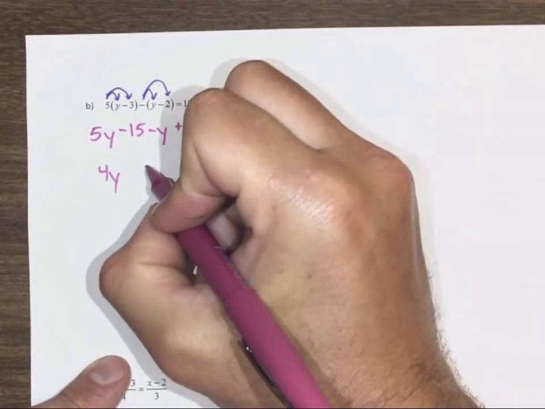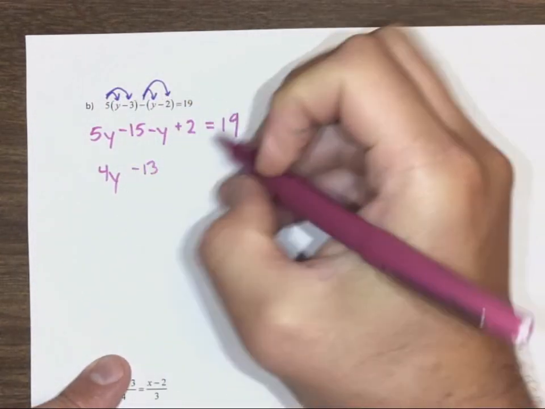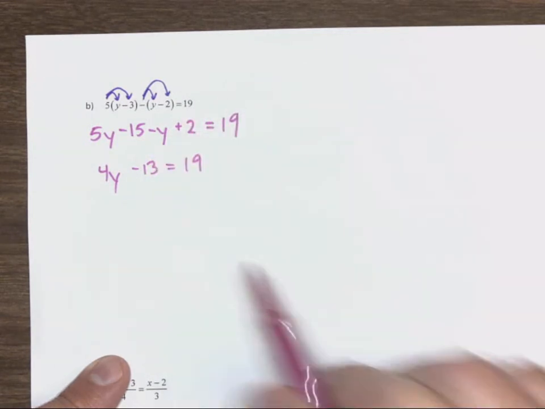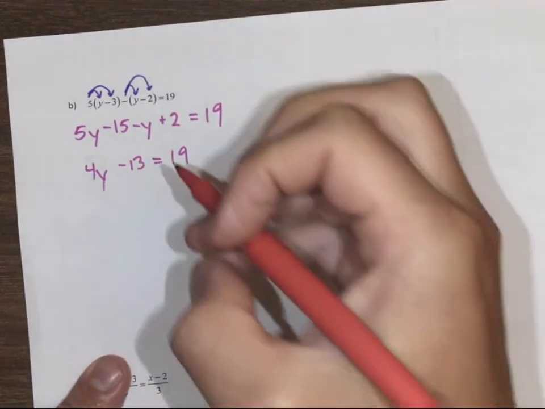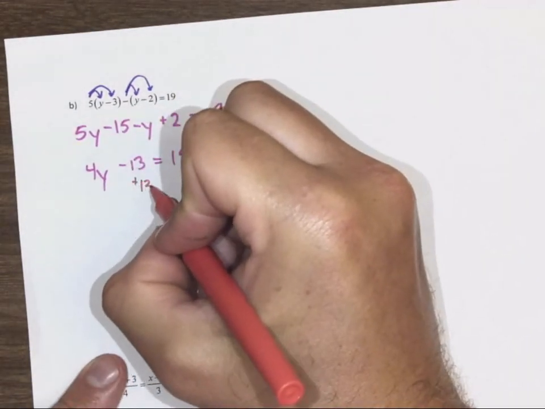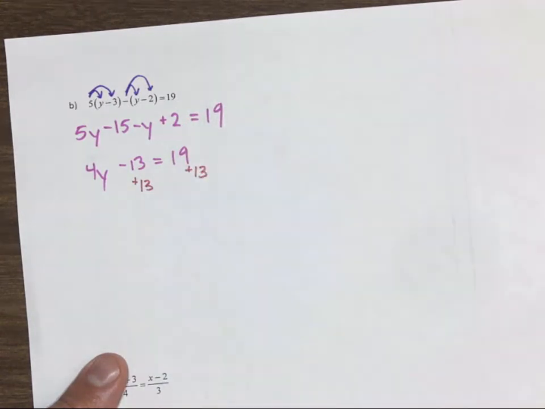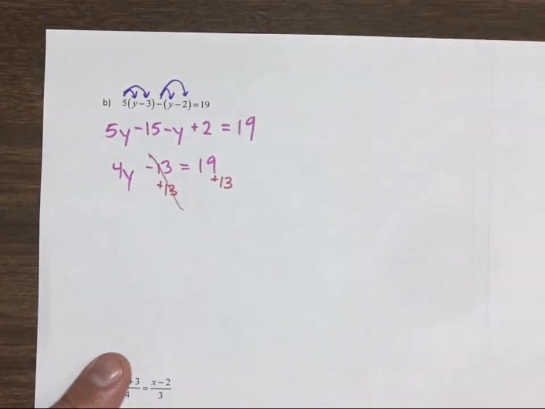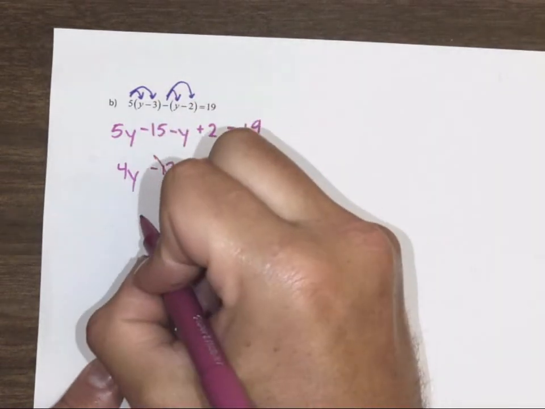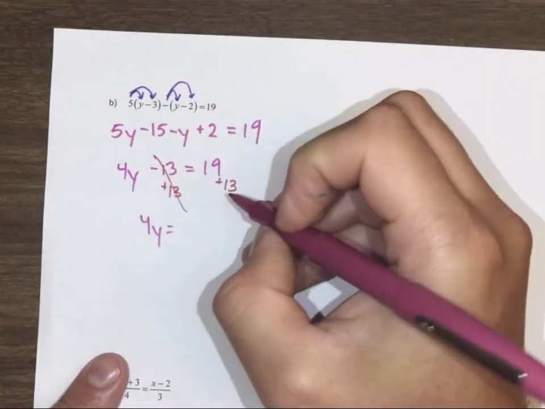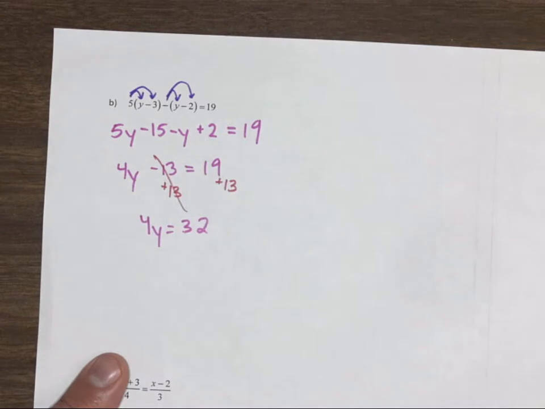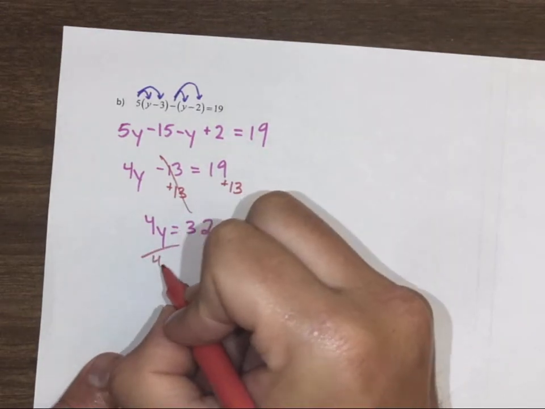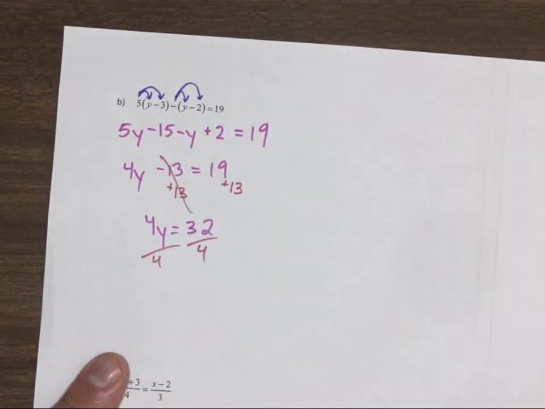Minus 15 plus 2. Continue to collect like terms across the equal sign. And solve for the unknown.